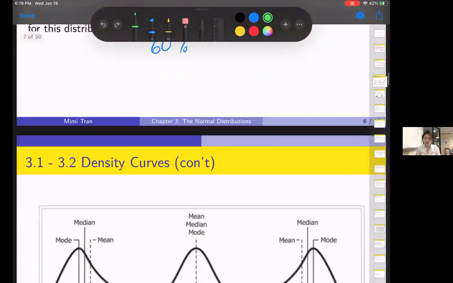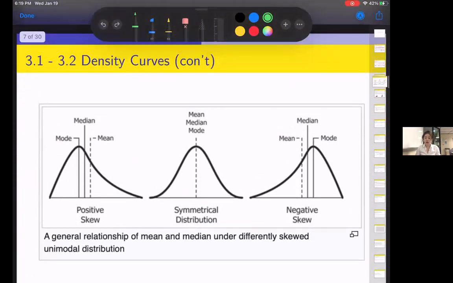Now we're going to jump to the normal distribution. For these slides, we already talked about this. When you have a symmetric curve, like the one in the middle, then the mean, maybe I'll use X bar, the sample mean, is equal to the median, right?